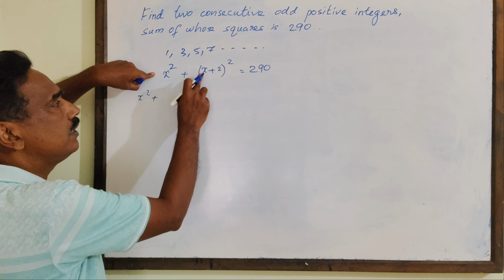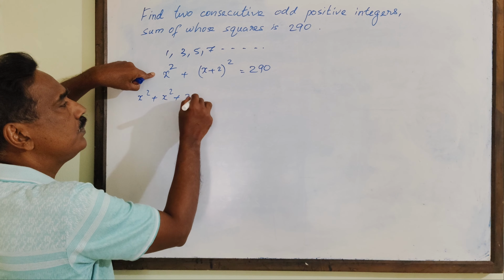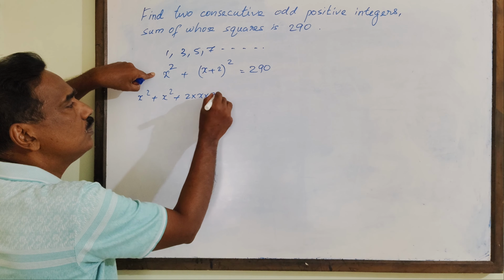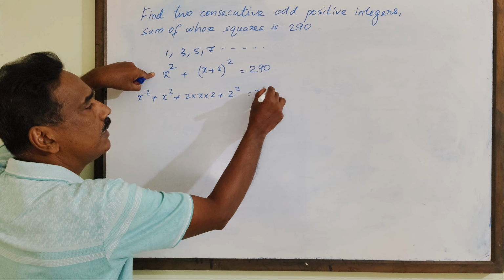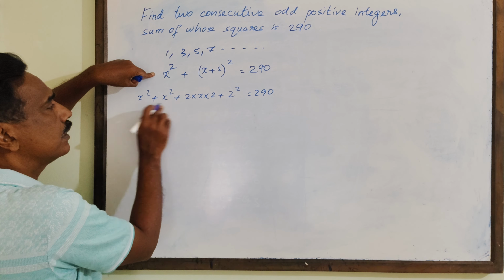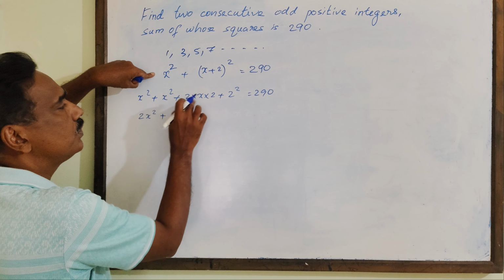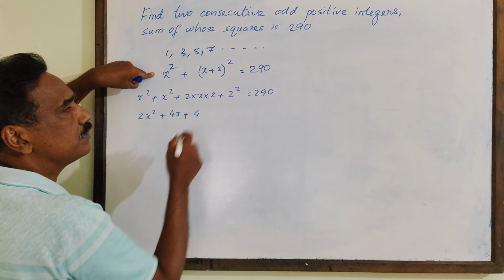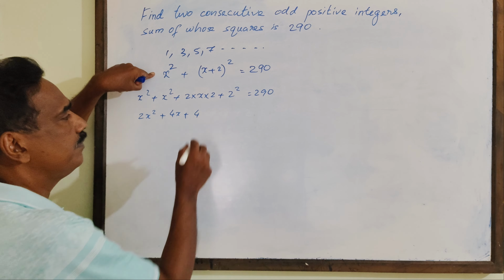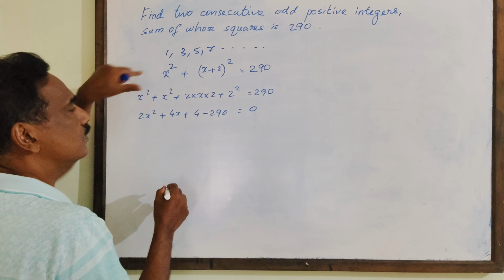Now if you open it, open x square, then this one you open using the a plus b whole square formula: a square, that is x square, plus 2ab, 2 into x into b is 2, plus b square, that is 2 square, equal to 290. Combine these two, it becomes 2x square plus 2 into 2, 4x plus 4. You shift this 290 also to the left side, it becomes minus 290 equal to 0.